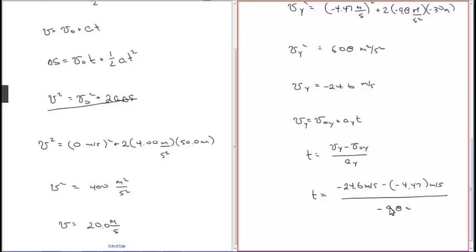So you get negative 24.6 plus 4.47, which is negative 20.1. We divide by negative 9.8, and we get 2.05 seconds. So that's the time it takes to get down the cliff.